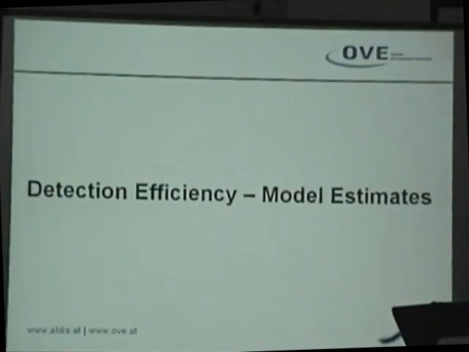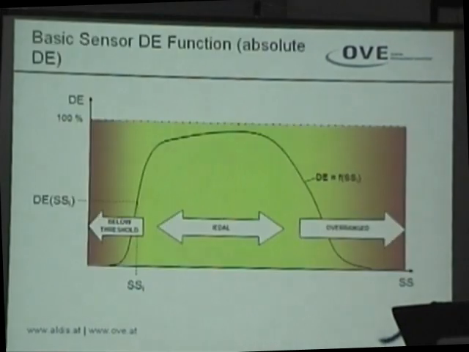So we're coming to detection efficiency models, and probably all of you have already heard about detection efficiency models. Kleber has been dealing with them for a long time, and I want to try to explain how such a detection efficiency model works. This is a detection efficiency function of an individual sensor.